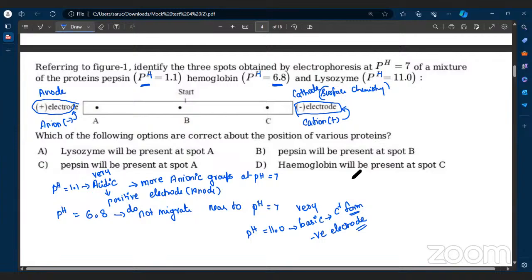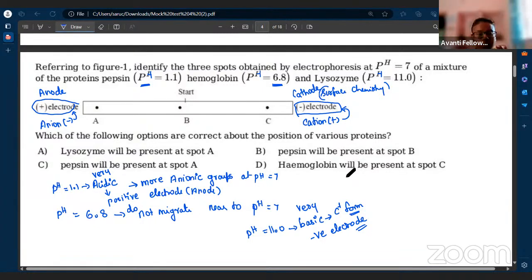Okay, so now you can look at the options and tell me which would be the correct answer. I have given a few hints. If pH is equal to 1.1, it will move to the positive electrode, that is your anode. Look over here.